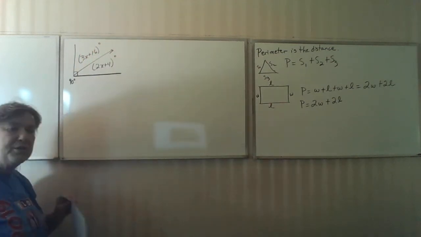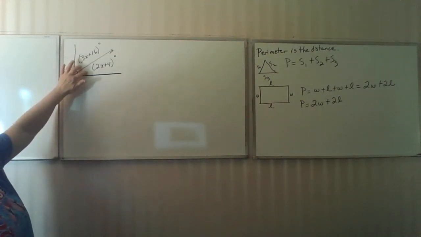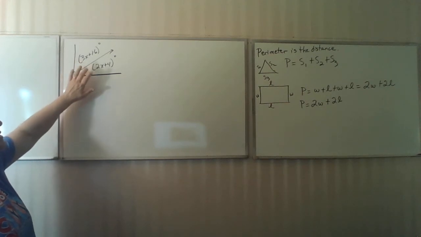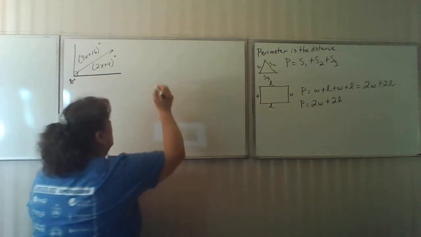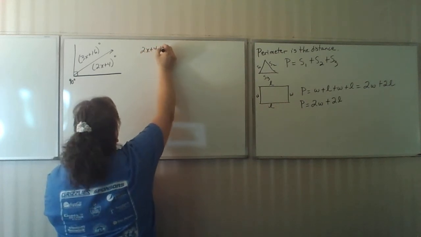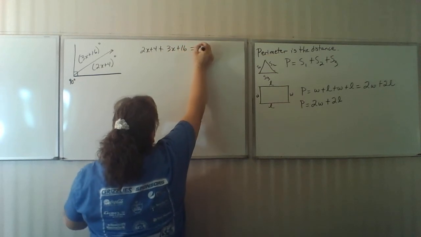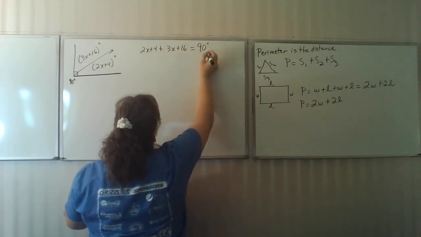Now these expressions represent that. So what are we going to do? Well, remember, complementary angles is the sum of these two angles. So we're going to go 2x plus 4 plus 3x plus 16 equals my 90 degrees.